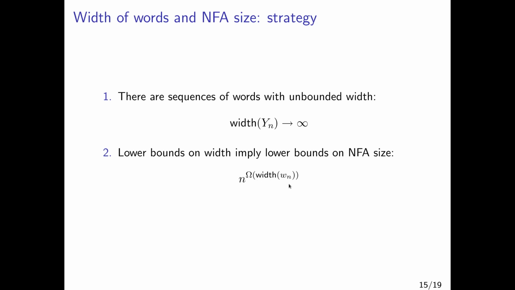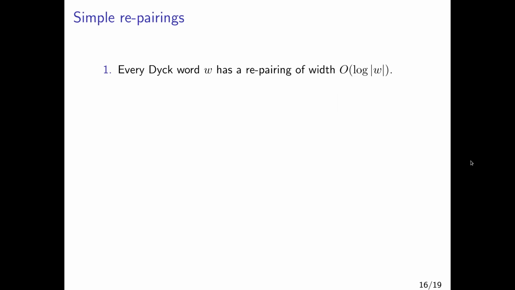This word doesn't really have length n, it has length at most square root of n, but that's a small technicality. Think about this. If you can prove unbounded width, then you can prove super-polynomial bounds on NFA size. So let me tell you a little bit about these repairings, because proving things about them is difficult, and this is really what our main paper is about.